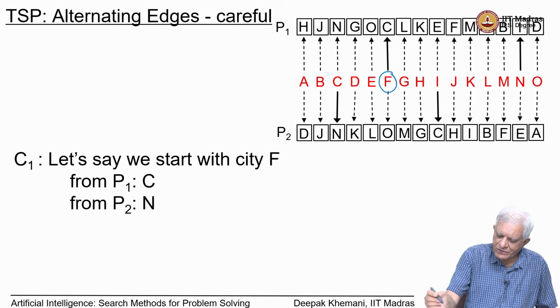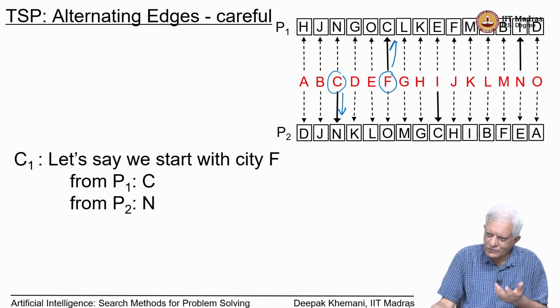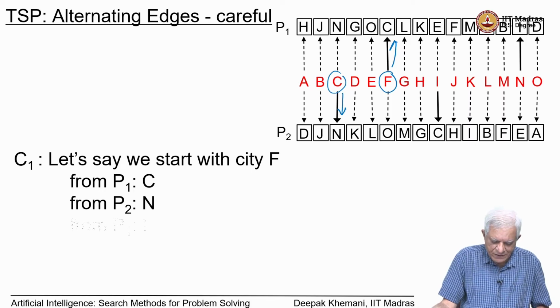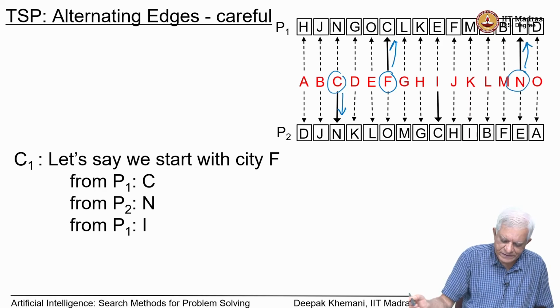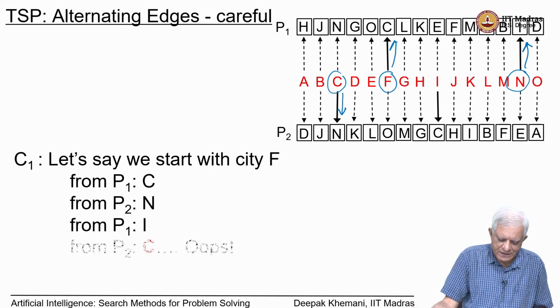So from C we go to N, because we are choosing this second edge from P2. Then from P1, where do you go from N? So N is here, so you go to I, that is the next one.